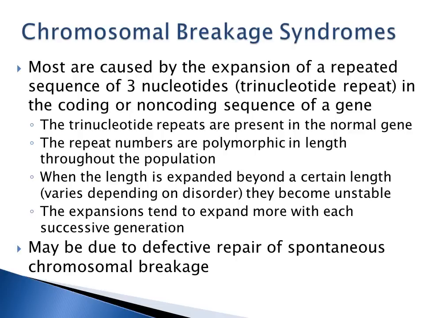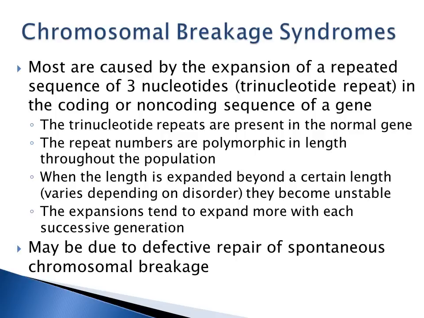Chromosomal breakage syndromes are usually caused by the expansion of a repeated sequence of 3 nucleotides, and that's called trinucleotide repeats. And these trinucleotide repeats can happen either in the coding or non-coding regions of a gene. So trinucleotide repeats are present in the normal gene, and the numbers of these repeats vary in length throughout the population.